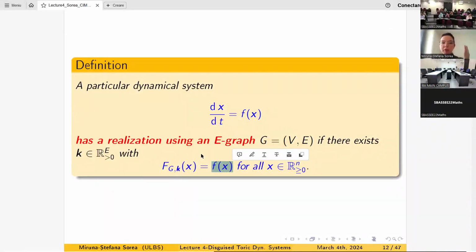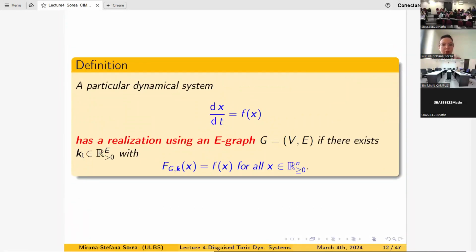So we are very much interested in finding realizations of dynamical systems. Start with some dynamical system in the ODE expression, and we are very much interested in finding a graph that realizes it together with these decorations, the k's.